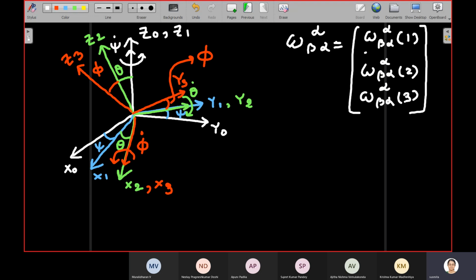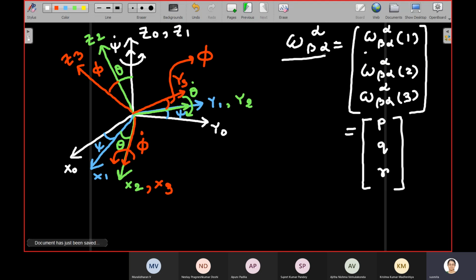This is about the y-axis, this is about the z-axis. Now we also want to show these components in the diagram. So let's use the other notations P, Q, R and use them in the diagram. P, Q, R is basically equal to this. So can you tell me along which axis I should put P, Q, R?